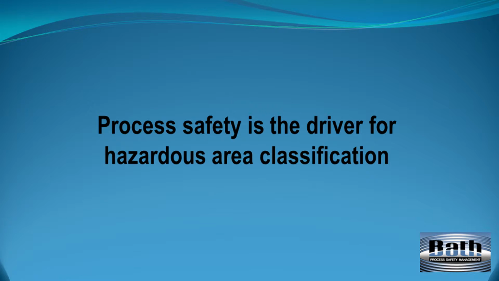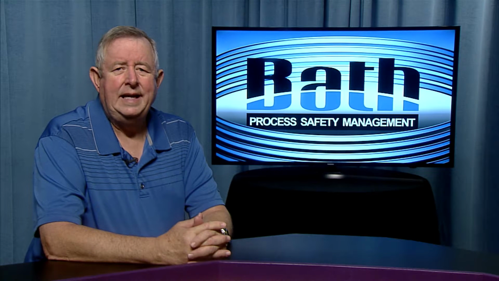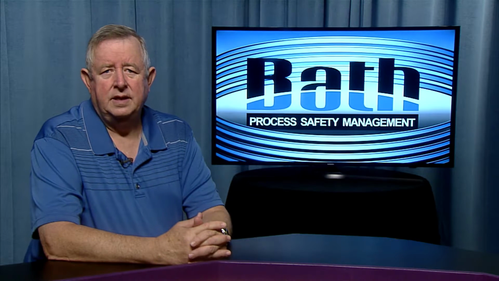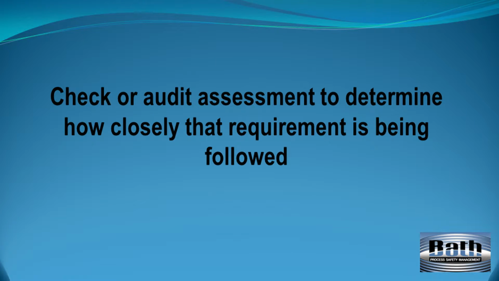You might be thinking, why is that important? The reasons are many, but the main one stems from the fact that process safety is the driver for hazardous area classification. Anytime a legal requirement is in place for a documentation or work practice, it is customary to have a check and audit assessment to determine how closely that requirement is being followed.